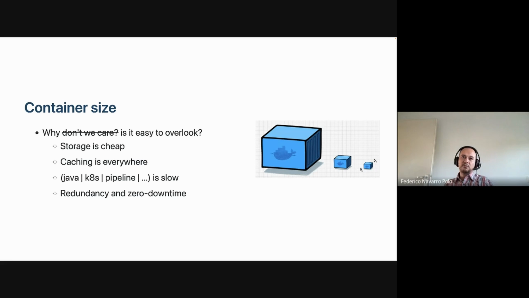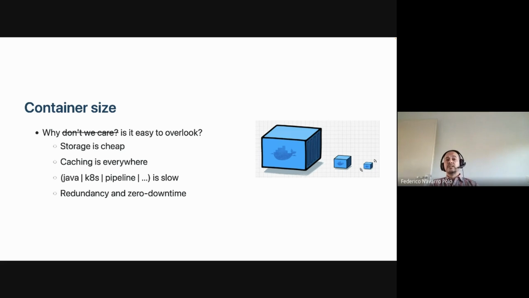Also, we work with an environment that is traditionally tagged as being slow. Java overall, Kubernetes, pipelines can get very slow as well. Is it going to make that much of a difference if it takes 10 seconds to pull an image when your pipeline takes 15 minutes to build?